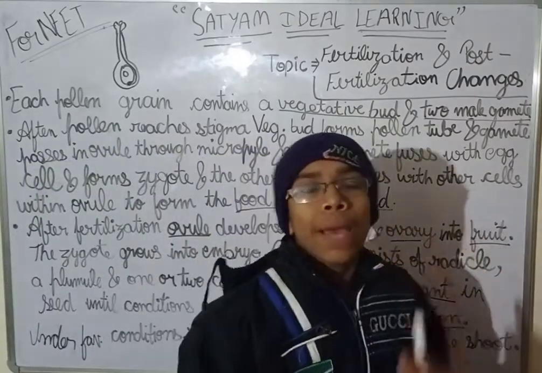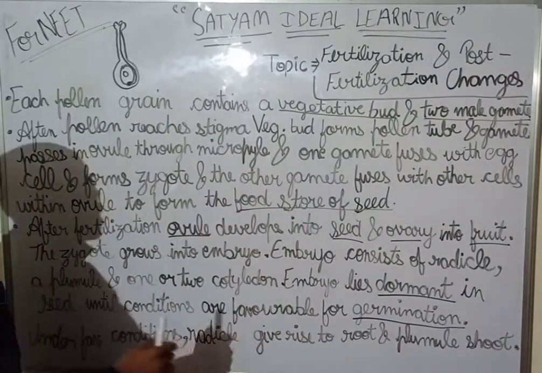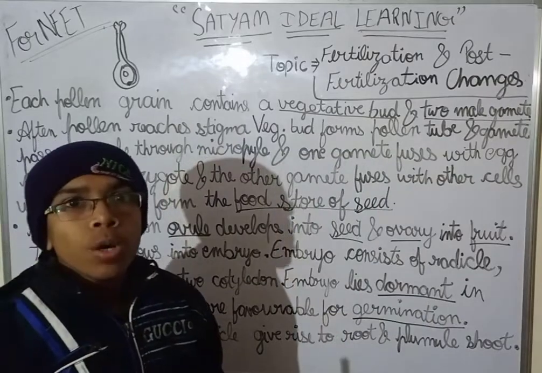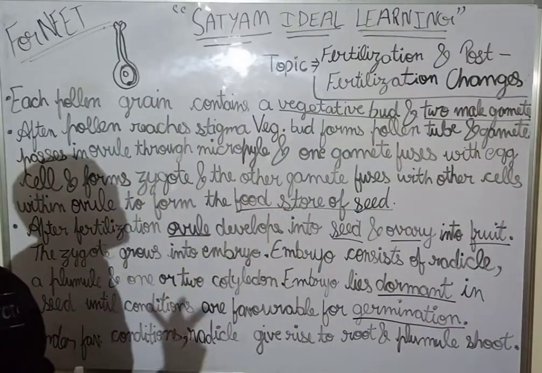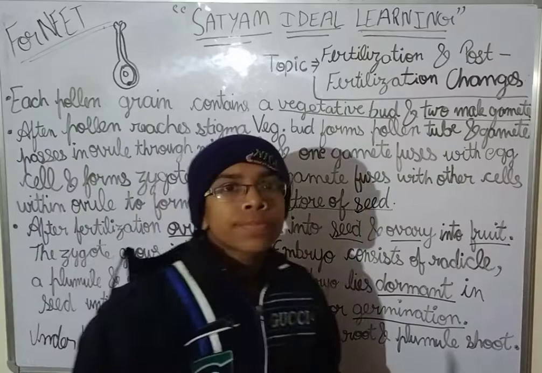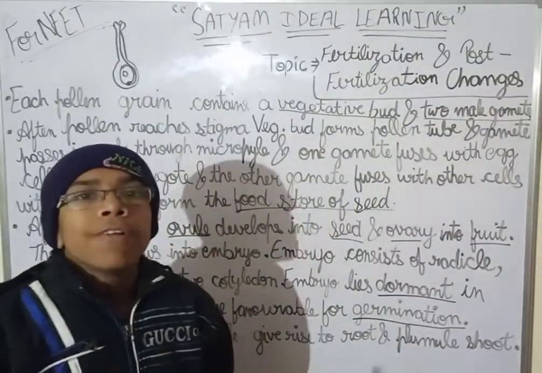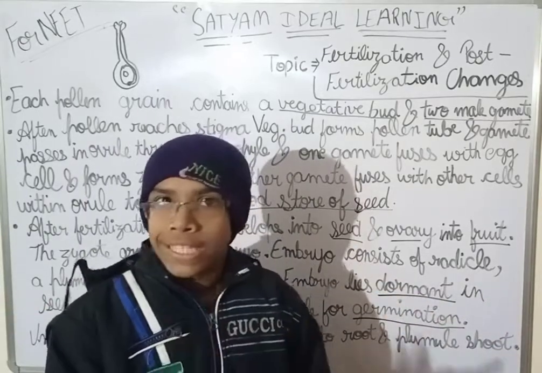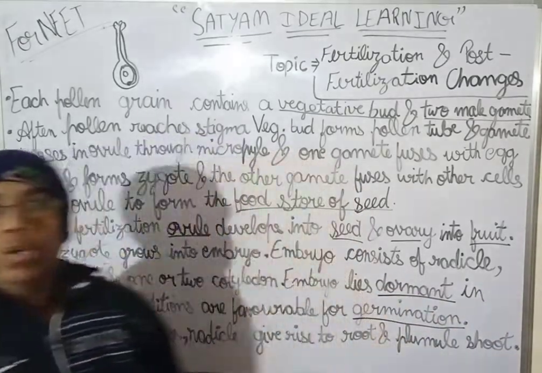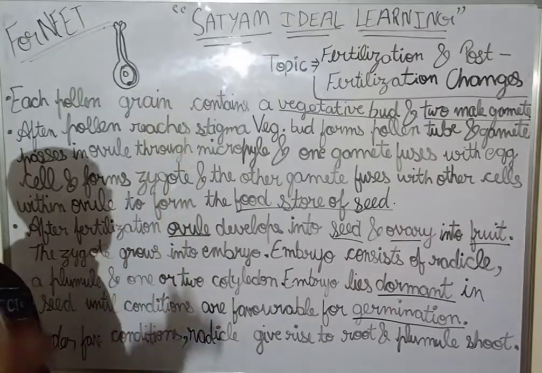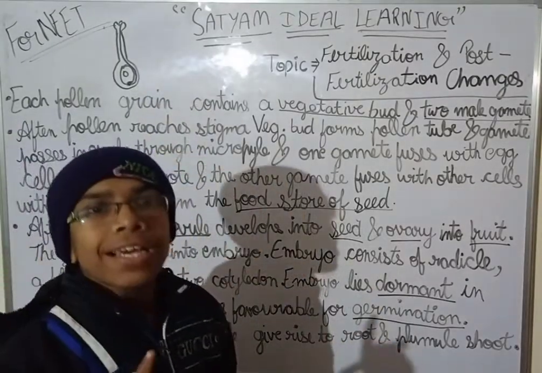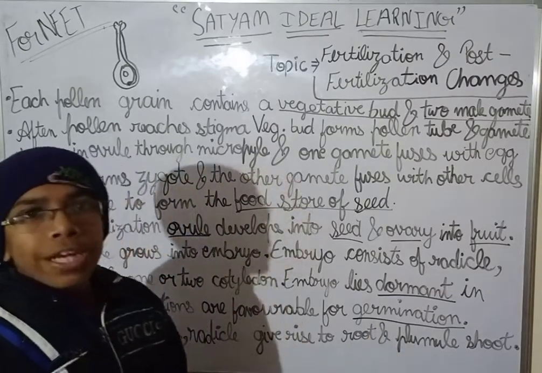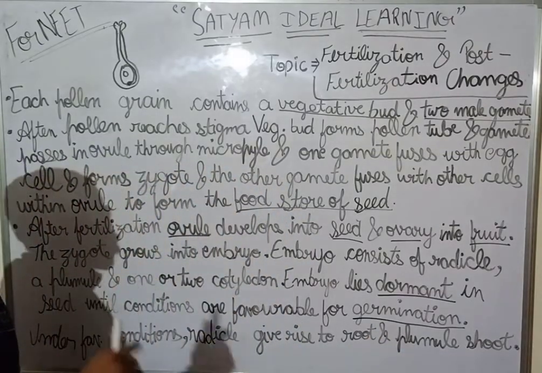So what happens in germination? Germination is the process by which the dormant, inactive embryo will become active and grow into a seedling, and then the seedling will grow into a plant by forming the root with the help of radicle and shoot with the help of plumule, and it will take the food from the cotyledon.